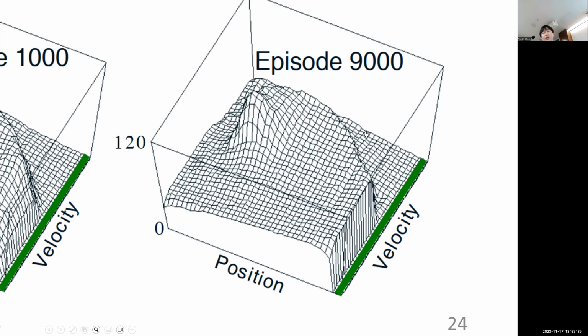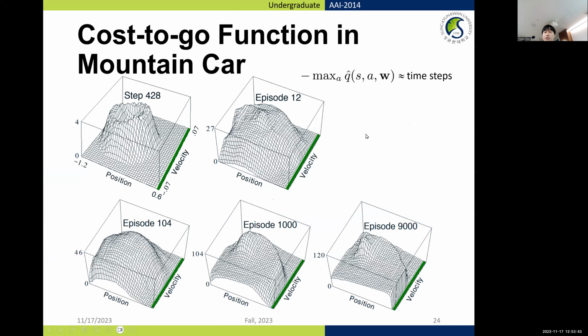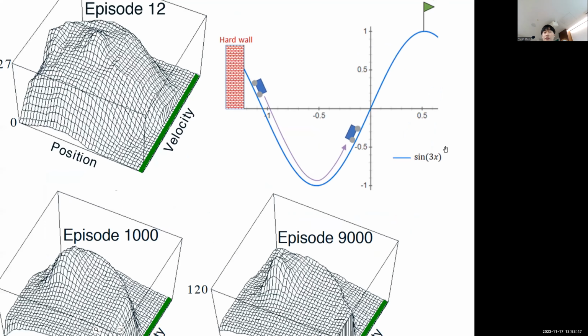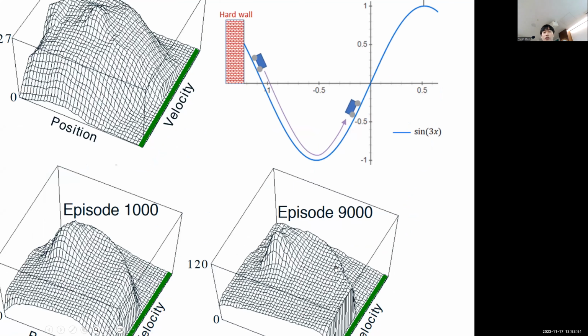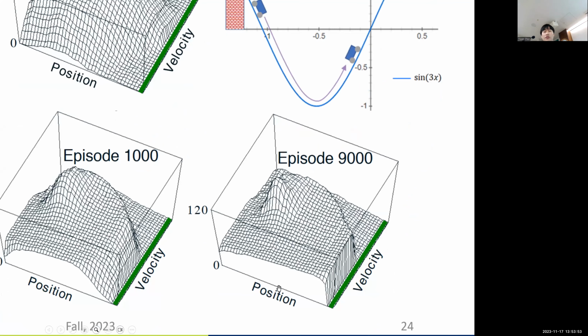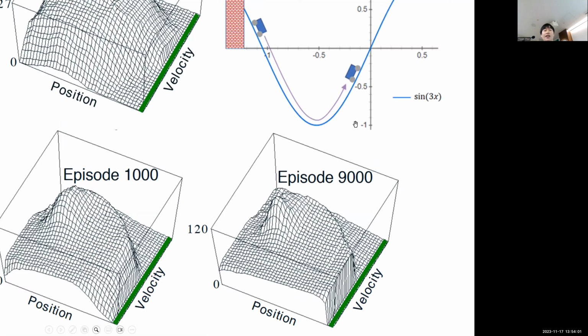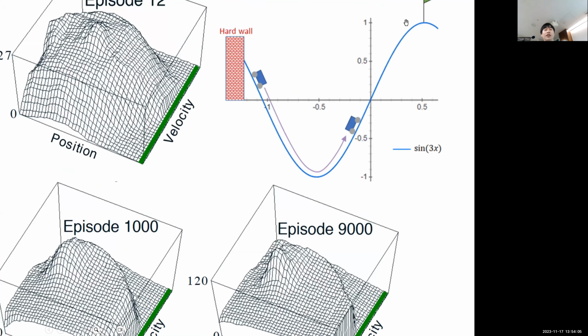If you cross check, for example, the position is here, and then we have a large enough velocity, it means this car is somewhere here, and with a large enough velocity, we can directly reach the goal.